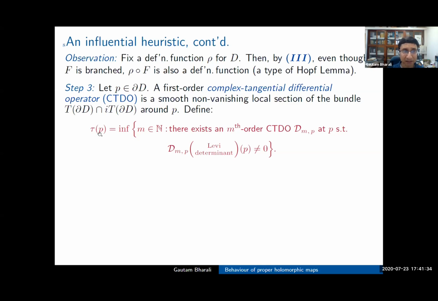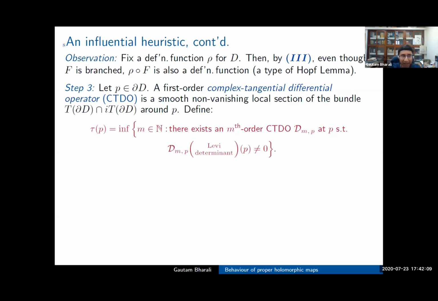So I define this number, tau of p. This is defined as the infimum of all natural numbers m such that there is an mth order complex tangential differential operator. Now, what does that mean? Having defined a first order complex tangential differential operator, an mth order complex tangential differential operator is simply an m-fold composition of these operators.